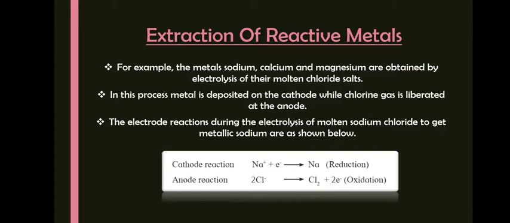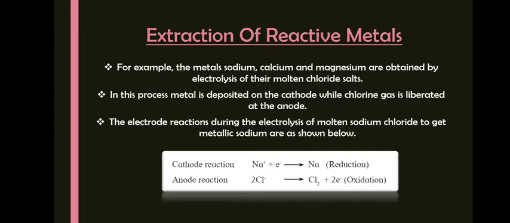Now you have to understand that cathode is negatively charged and anode is positively charged. The electrode reactions during the electrolysis of molten sodium chloride to get metallic sodium are as shown below. The cathode is negatively charged, so positive ions, that is sodium, will move towards it, correct, and it will be reduced with the help of an electron and form a sodium atom, not ion.